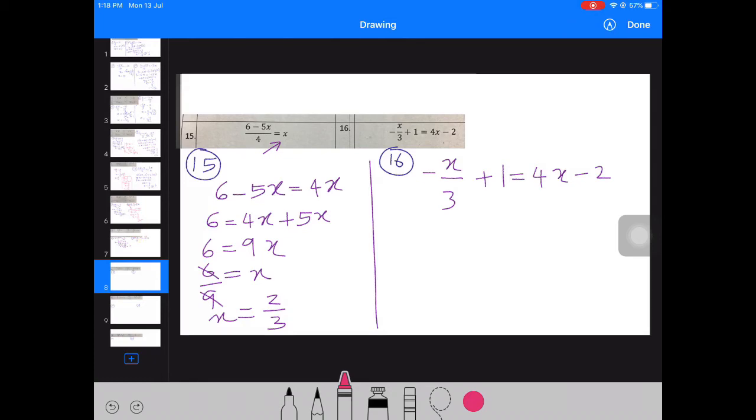So over here I multiply 3 for the first term, and then the second term also I have to multiply 3, and then this one also I have to multiply 3, and here also I have to multiply 3.